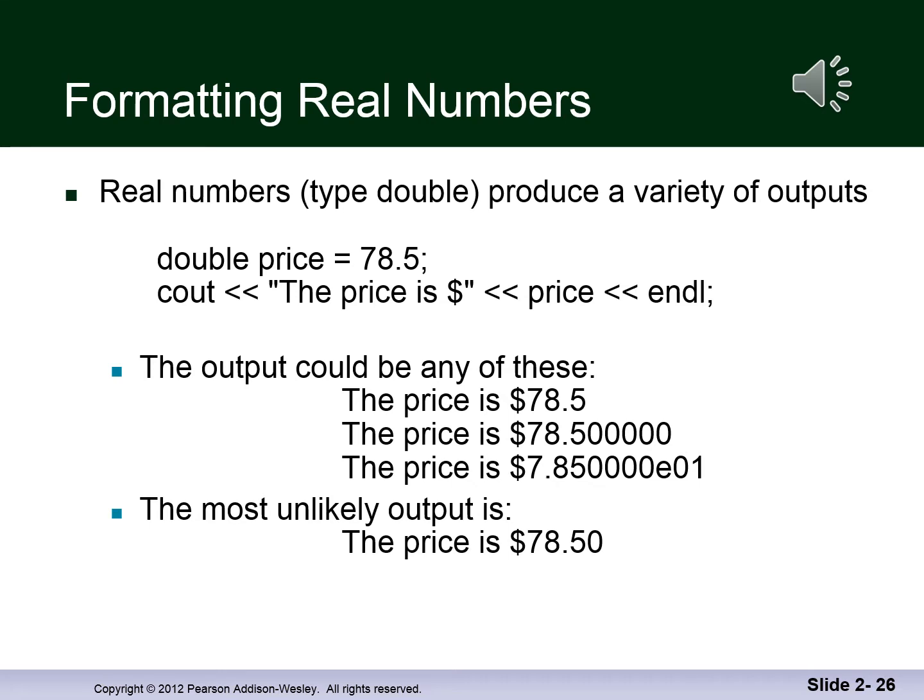The output could be any one of these, 78.5, 78.500000, etc., etc., etc. The most unlikely output is the one we really wanted, which is 78.5. Don't panic. There is a way to control the exact output of real numbers, and I'll show you in the next slide.